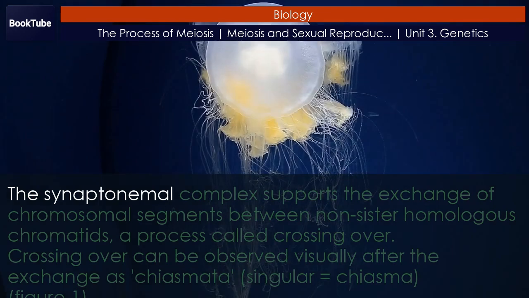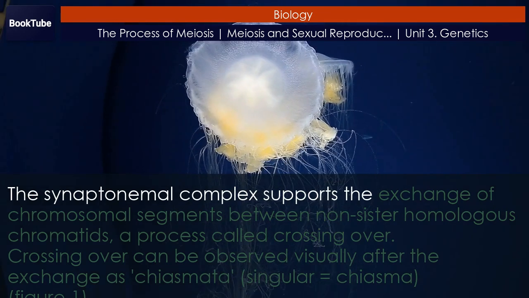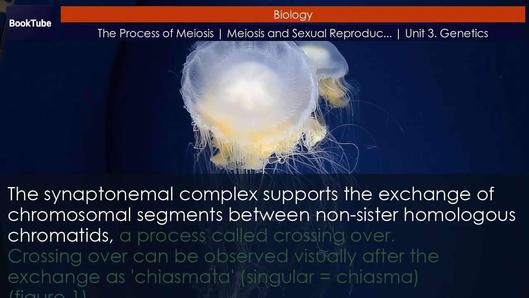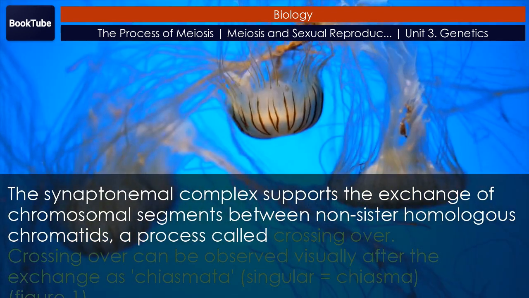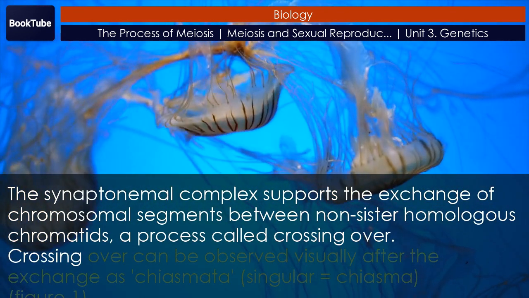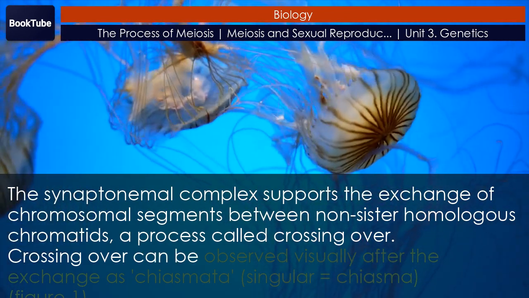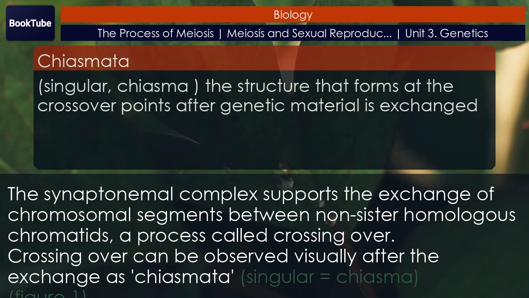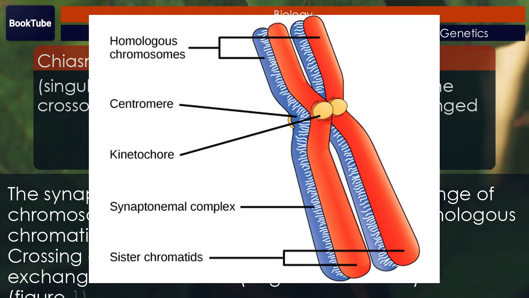The synaptonemal complex supports the exchange of chromosomal segments between non-sister homologous chromatids, a process called crossing over. Crossing over can be observed visually after the exchange as chiasmata. Singular equals chiasma. Figure 1.